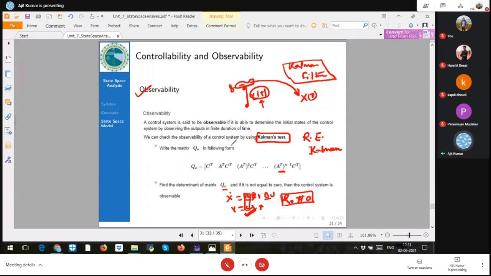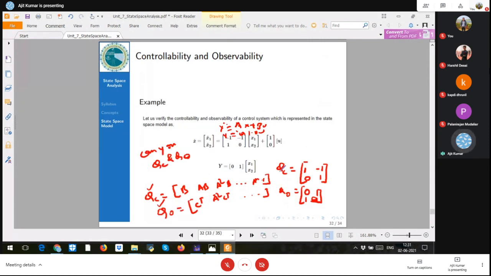For observability we had the QO matrix, and this is the formula: C transpose, A transpose C transpose, A transpose square C transpose, like that. If it is also a full rank matrix, when determinant of QO is not equal to 0, then again it is observable.